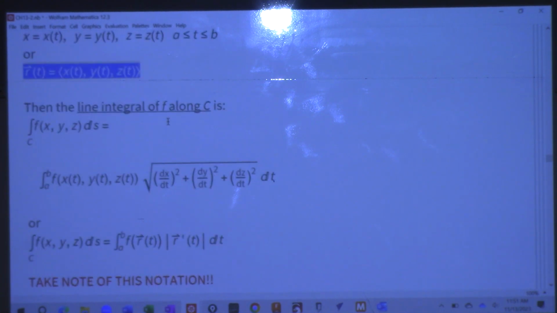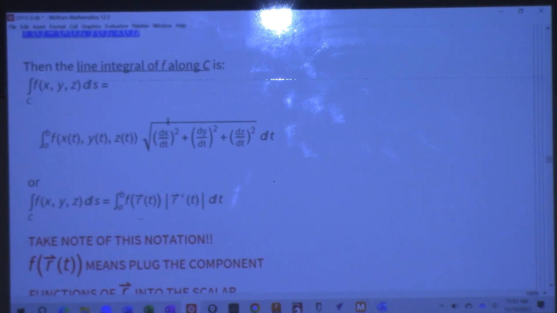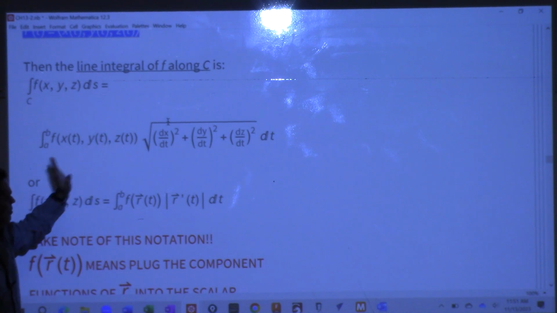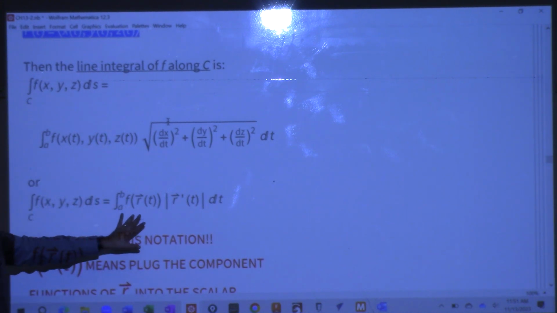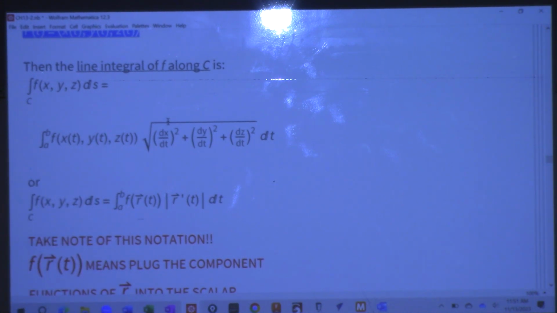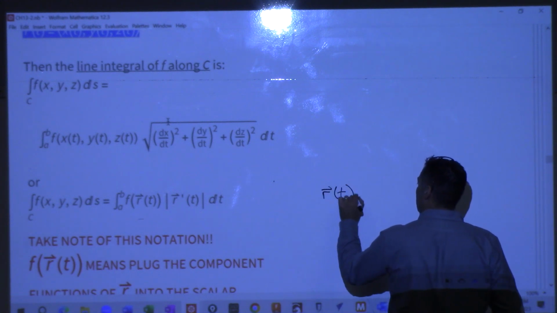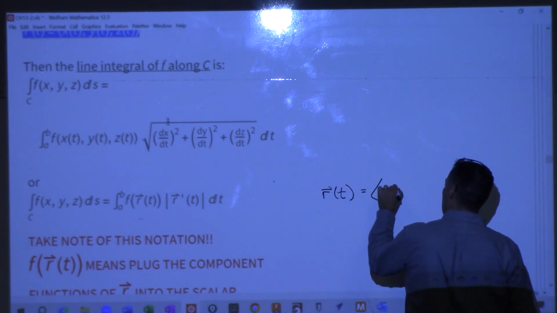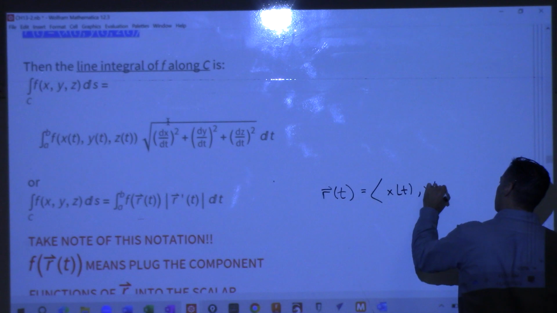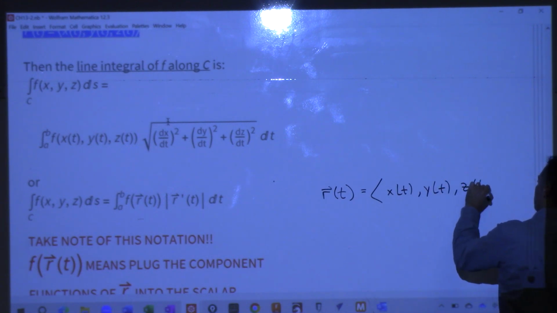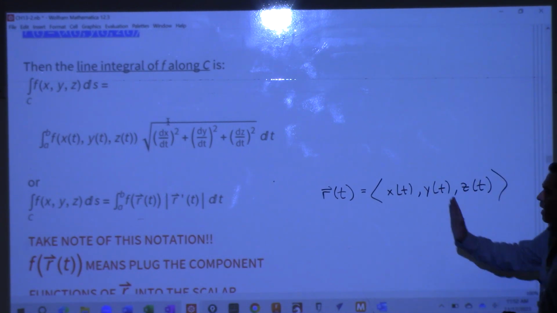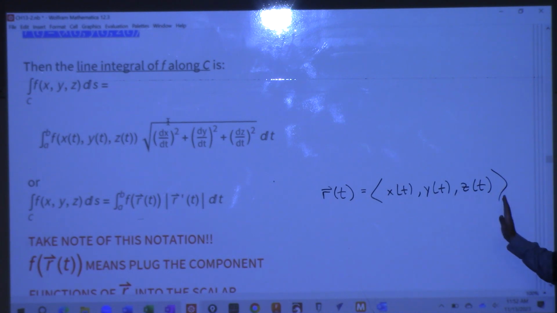But then we change the notation just to make your life hell, right? Instead of writing this, look at this new notation. This is it right here. What we're saying is we have some vector function, and the vector function is x of t, y of t, z of t, respectively. These are our parametric equations x, y, and z.